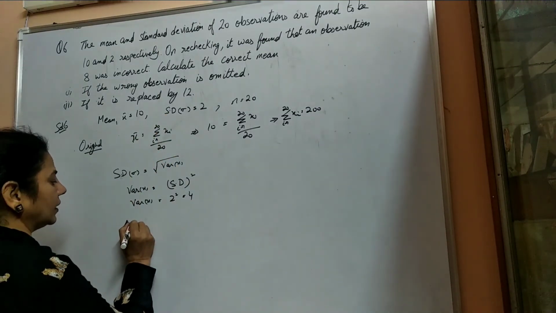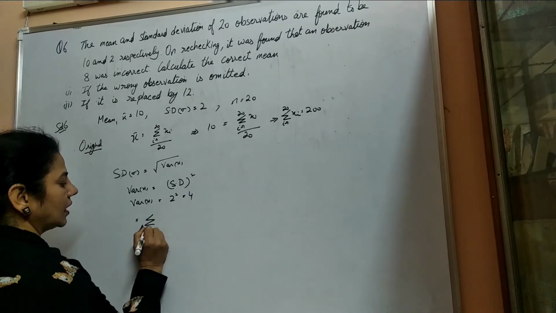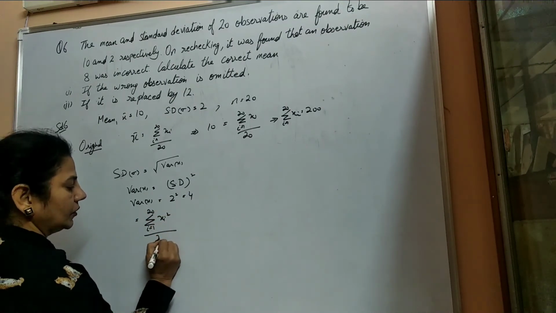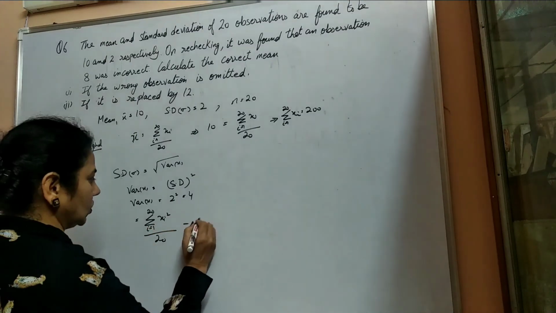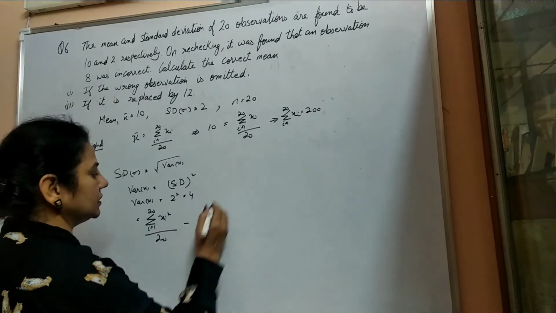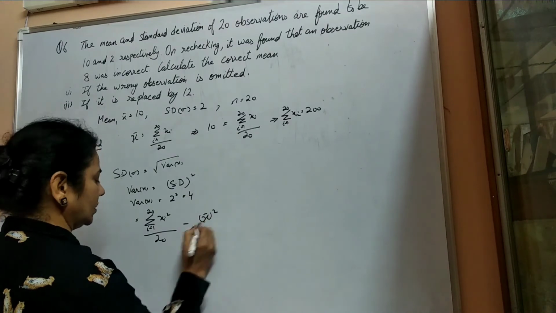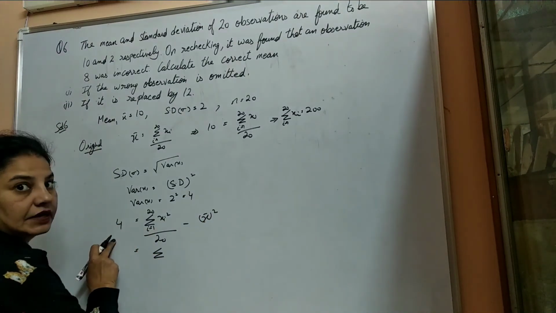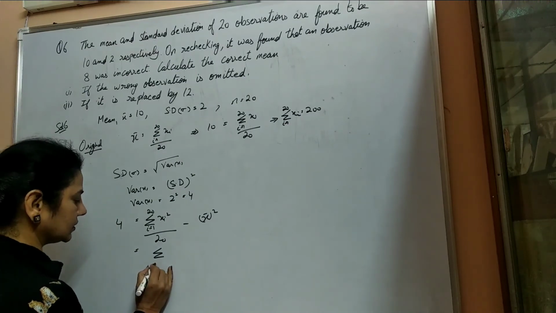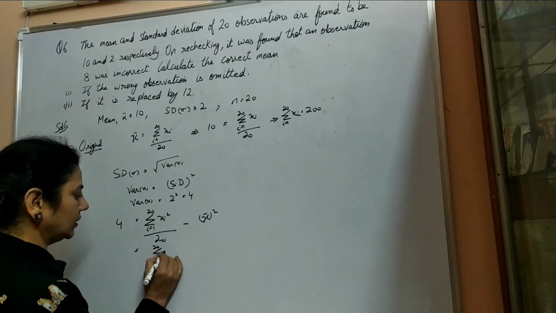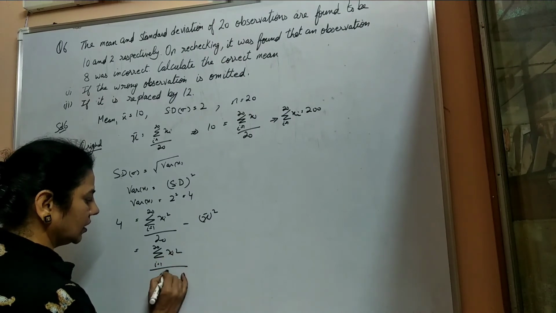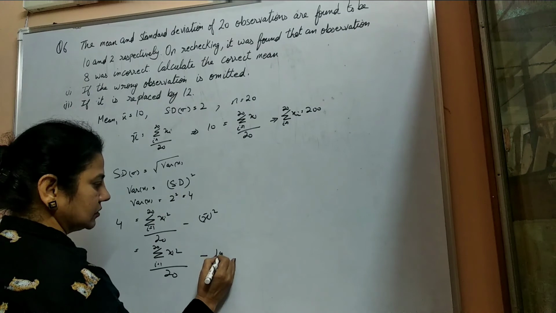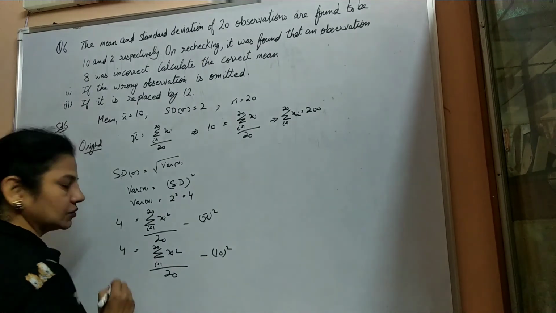Now using the formula, we know that sigma xᵢ square, i equals 1 to 20, upon 20 minus mean square is equal to variance, which is 4. So sigma xᵢ square upon 20, and original mean is 10, 10 square, equals 4.